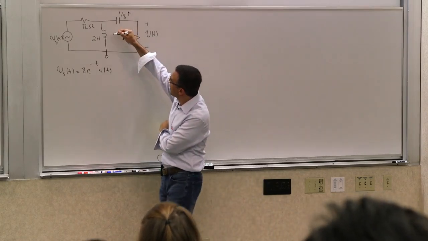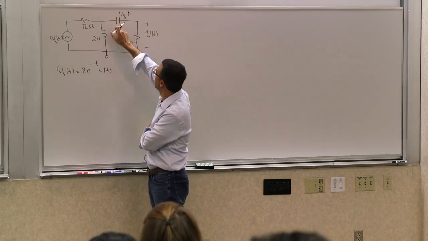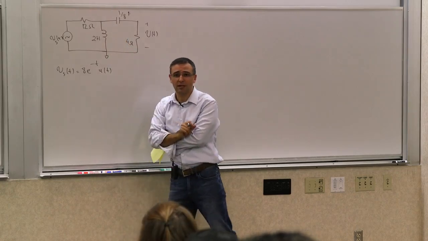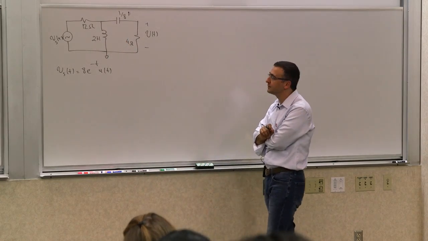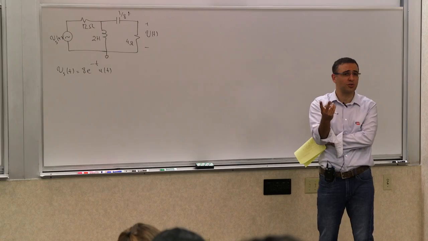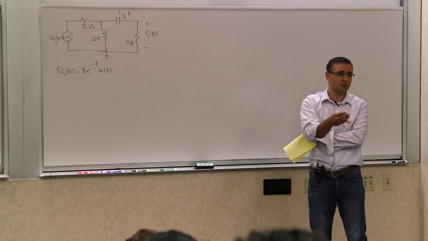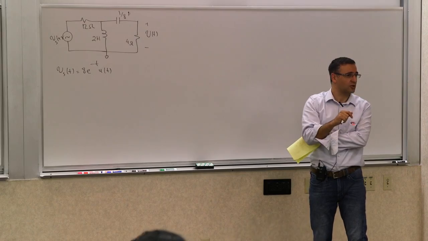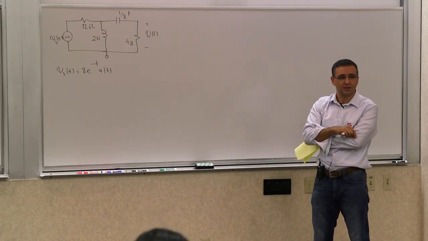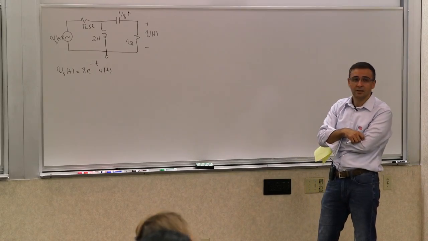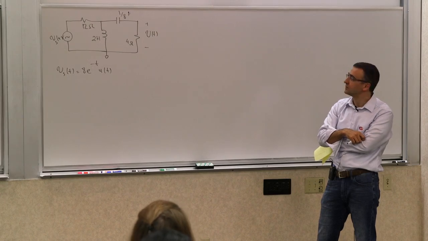Because I can define the inductor current and the capacitor voltage independent of each other, and there would be no contradiction in doing that. I have 2 energy storage elements. I can define 2 that are not coupled to each other, so I can define 2 initial conditions. So if you define the current through the inductor, that means you define the current through that resistor, so you know what it means.